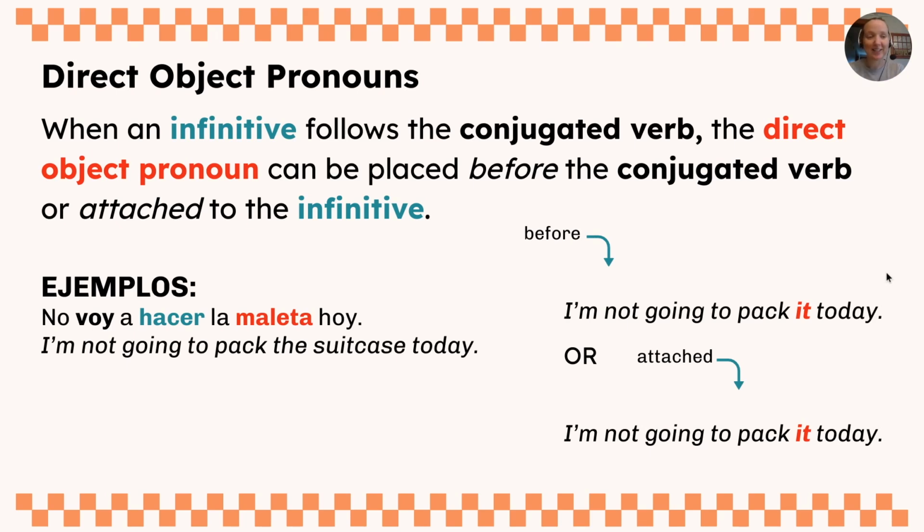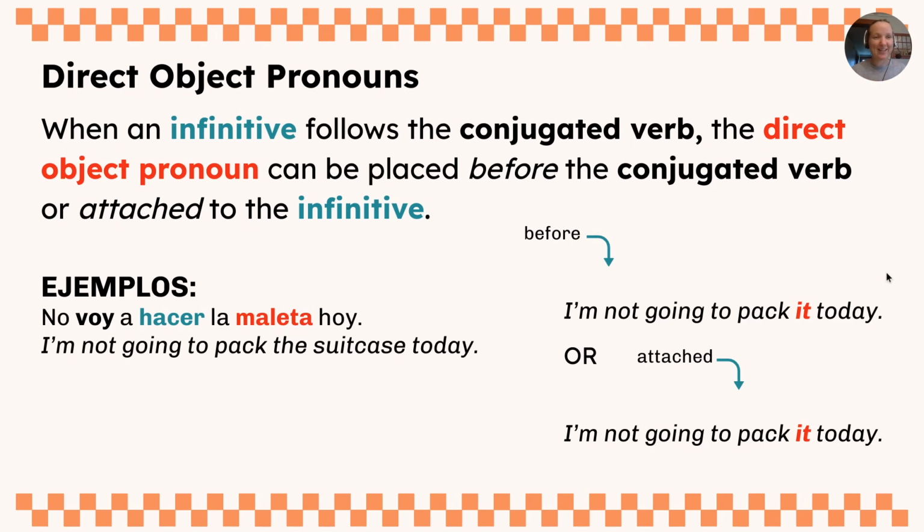Look at the starting sentence in our example. No voy a hacer la maleta hoy. Pause the video and figure out what is our conjugated verb in the sentence. So, voy is our conjugated verb in the sentence. No voy is saying, I'm not going. We're going to put our object pronoun before voy, but after no. Now we need to figure out what our direct object pronoun is going to be.